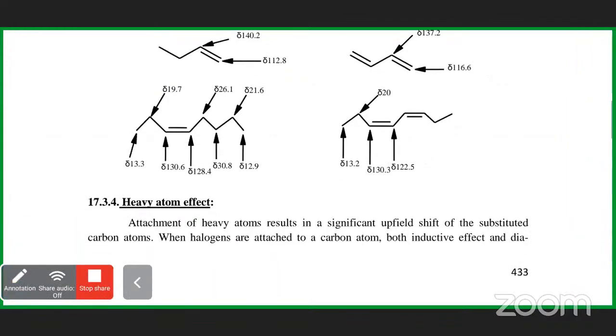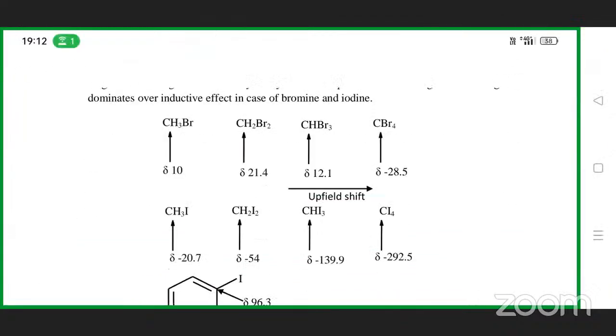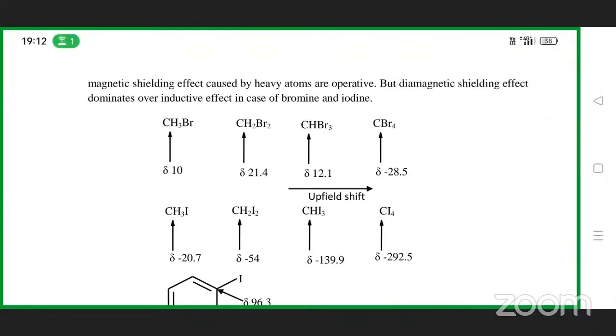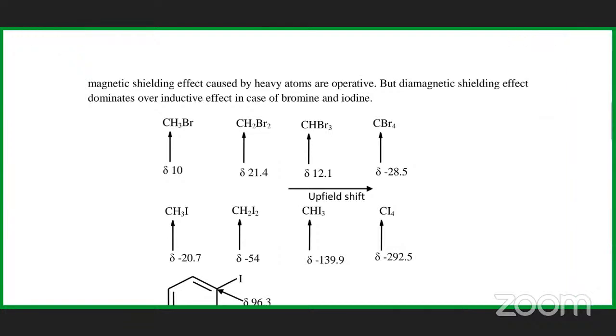Heavy atoms, so heavier isotope atoms, multiple heavier, large atoms. The large atoms decrease the values. Here you see in this example fluoro, it is 10.